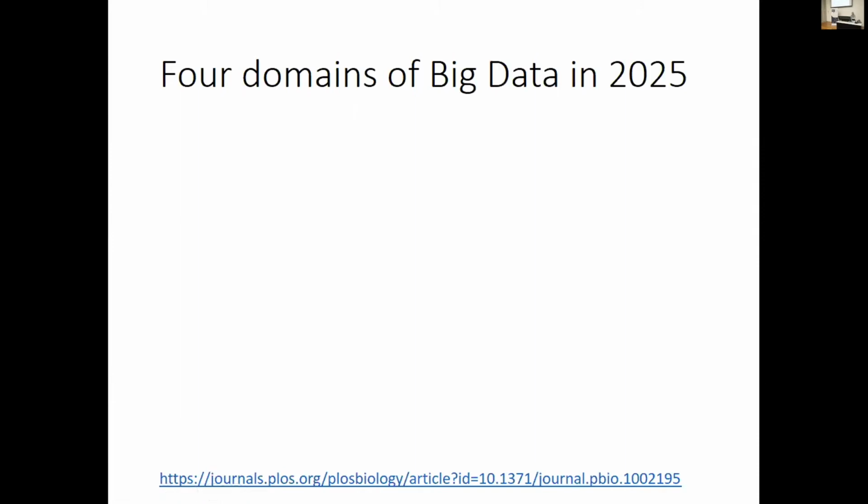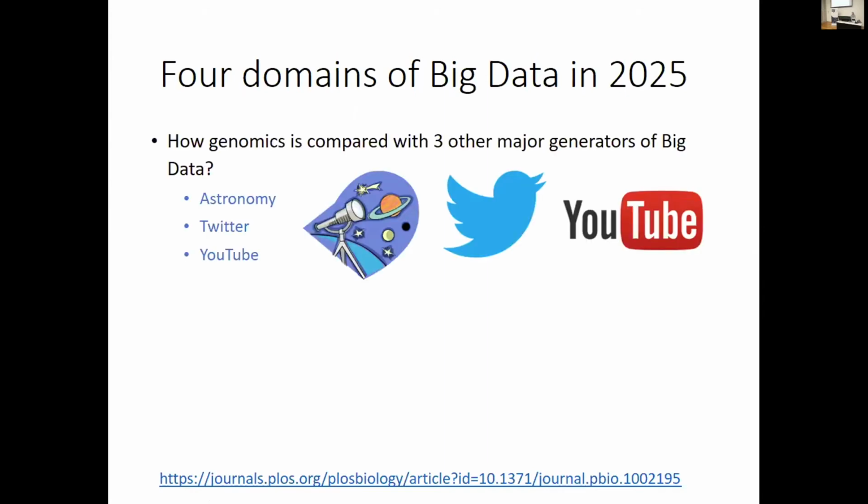I would like to compare genomic data with other domains of big data, which are basically 3 main domains that I'll discuss here. We have astronomy, which was just covered by Katharina. We have Twitter and YouTube. Twitter came onto the scene in 2006, and you all know that it's generating an astonishing amount of text data.